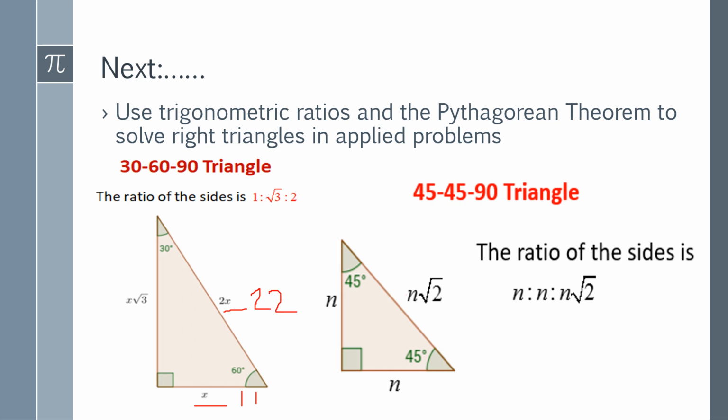And then the long leg is going to be the short leg times square root 3, so 11 times square root 3. And that's the long leg. In the 45-45-90, both of the legs are going to be equal. The hypotenuse is going to be the leg times square root of 2.